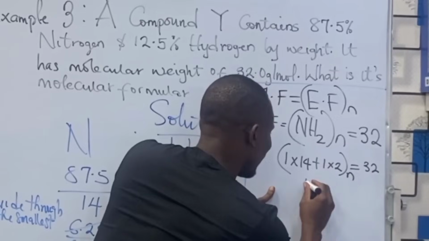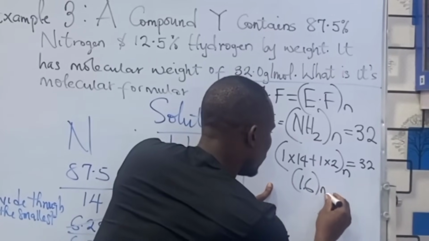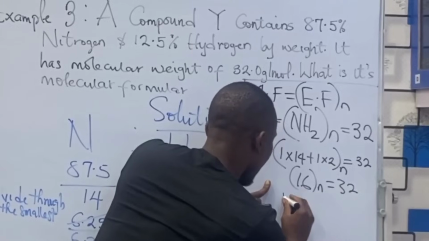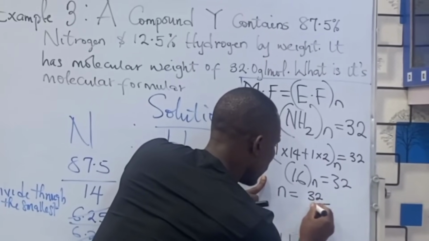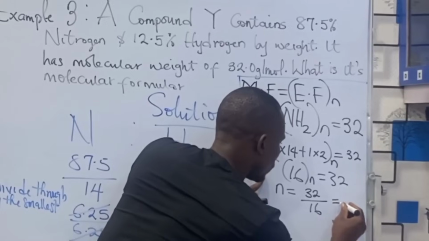Doing this will give us 16 bracket n equals 32. So n will be equal to, of course, 32 divided by 16. That will give us 2.